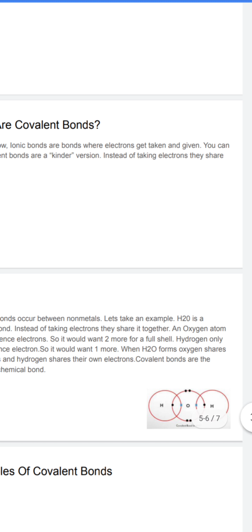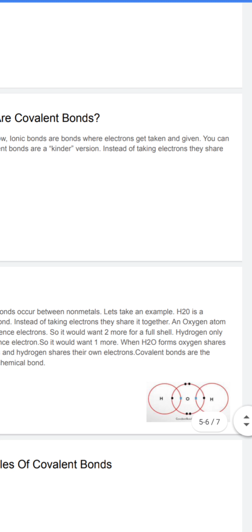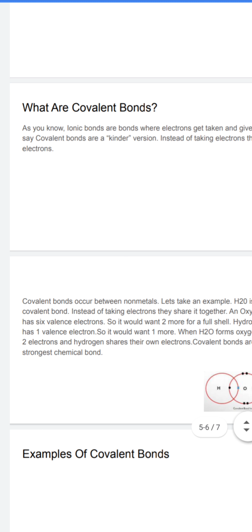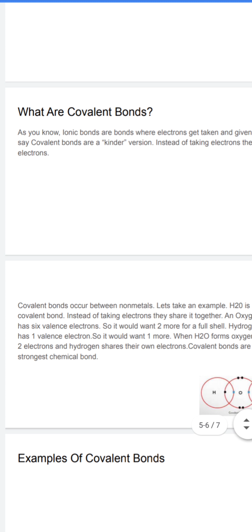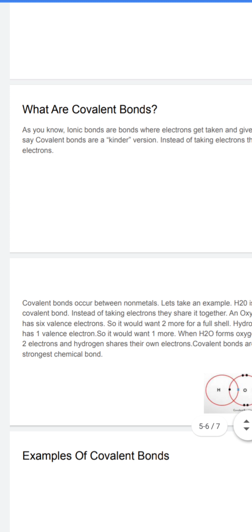An oxygen atom only has 6 valence electrons, so it would want 2 more for a full shell. Hydrogen only has 1 valence electron, so it would only want 1 more, because the first shell holds 2 electrons.